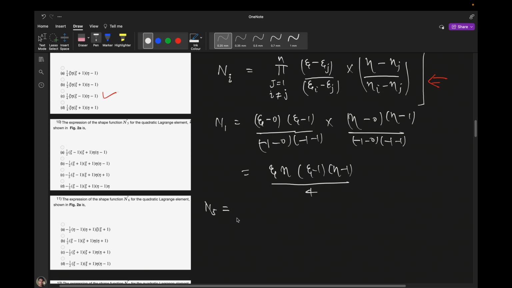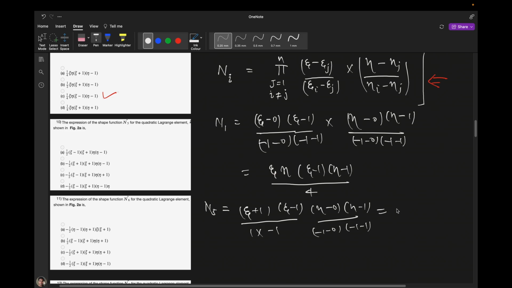That will be xi plus 1, xi minus 1 into eta minus 0, eta minus 1 divided by 1 into minus 1, divided by minus 1 minus 0 and minus 1 minus 1.